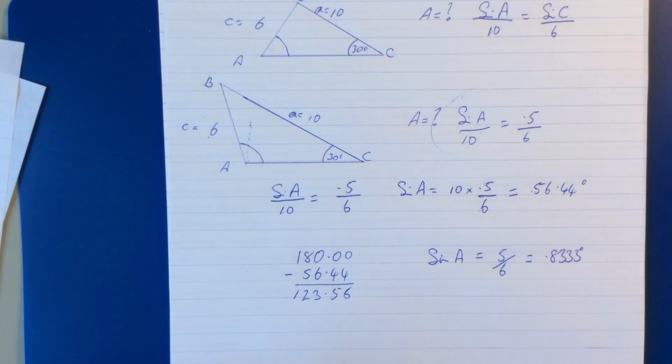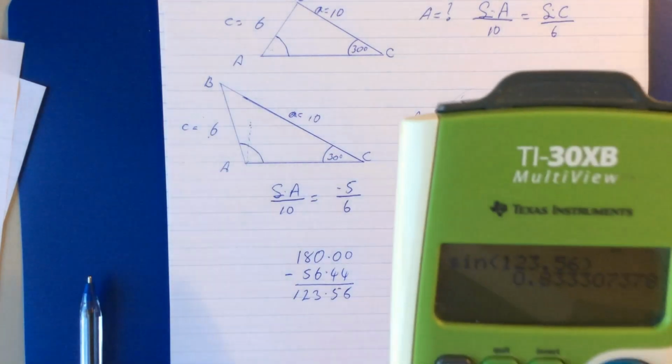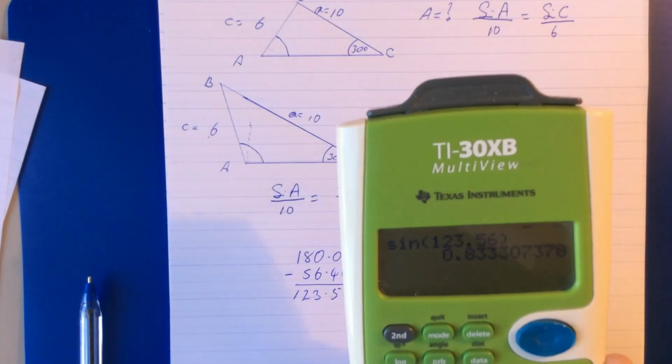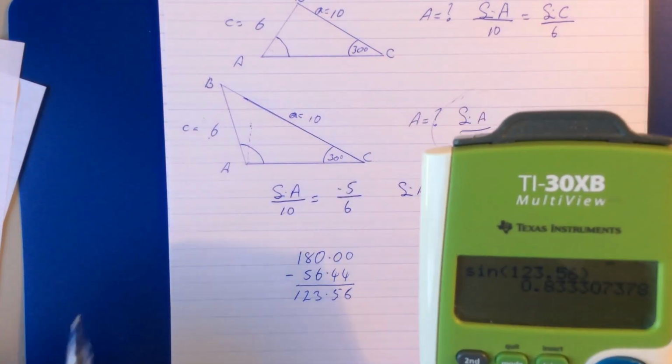Okay, now I'm going to find the sine of 123.56 degrees. Here goes. So sine 123.56 degrees. Take a look at that. It's almost the same.